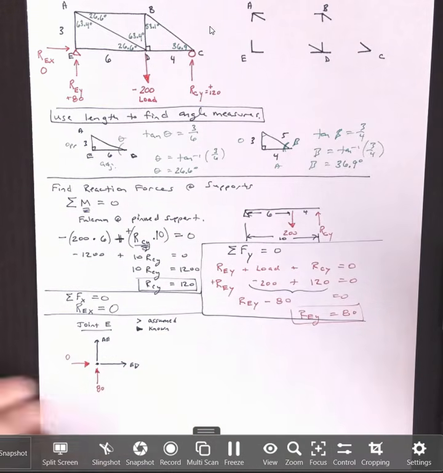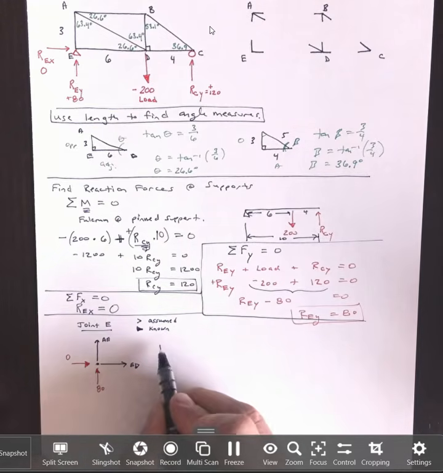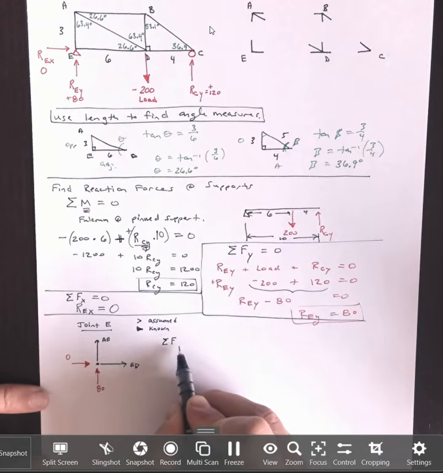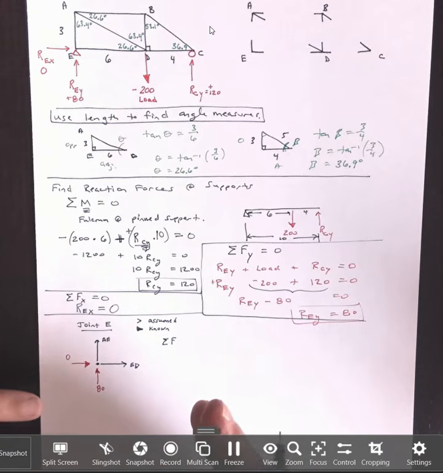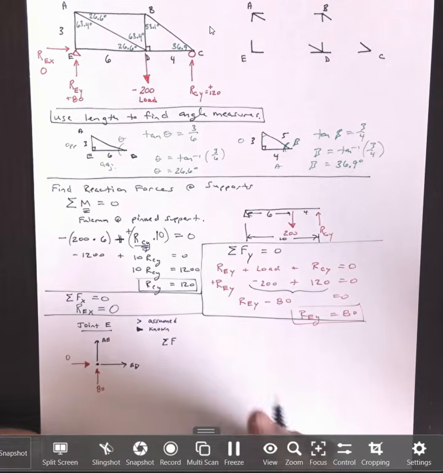So at the joints, we don't have the need for a moment. We only need to satisfy static equilibrium horizontally and vertically. So at each joint, we're going to say the sum of all the forces that are vertical and horizontal. It doesn't really matter which one you do first, other than sometimes at a specific joint you have the ability to solve for one and not the other right away.